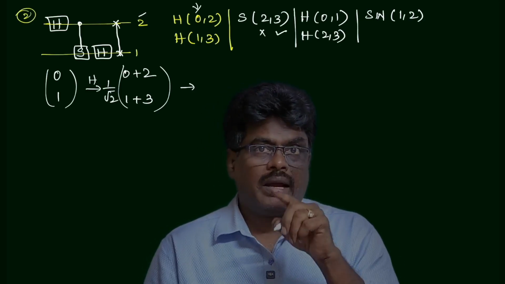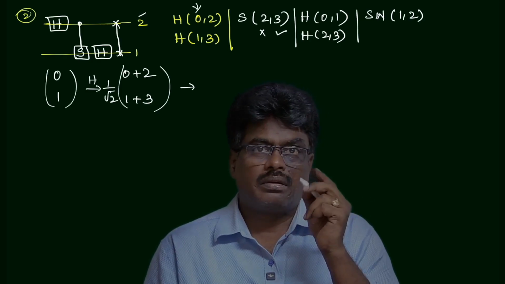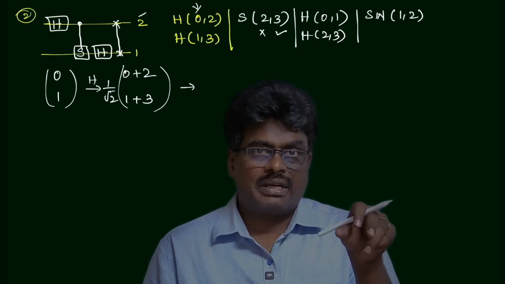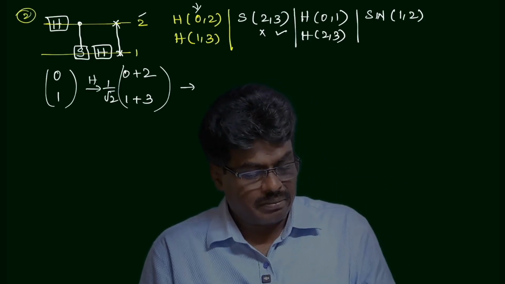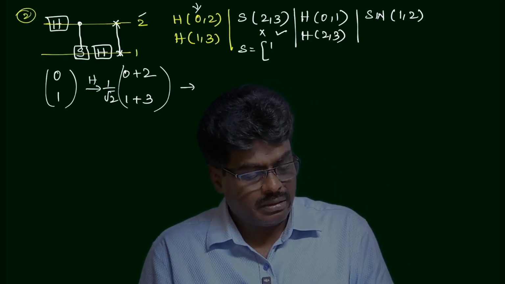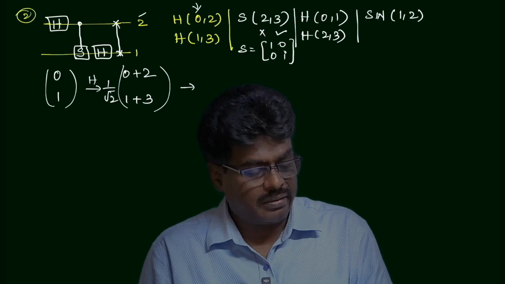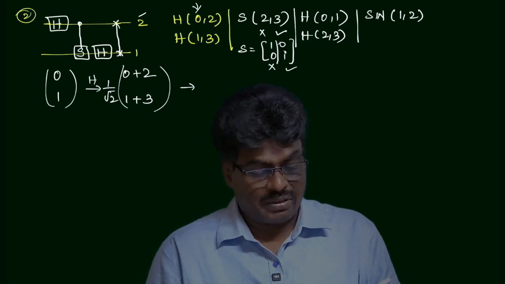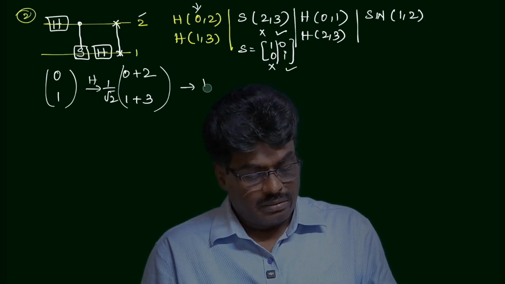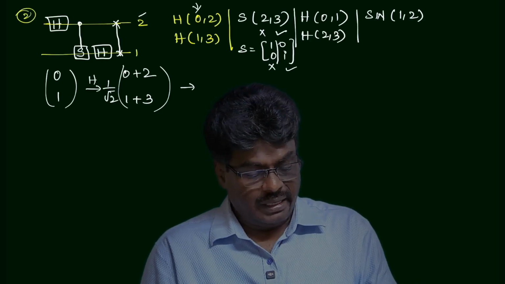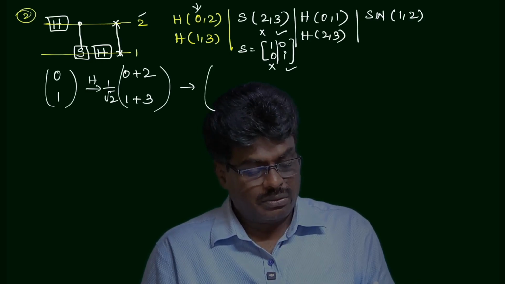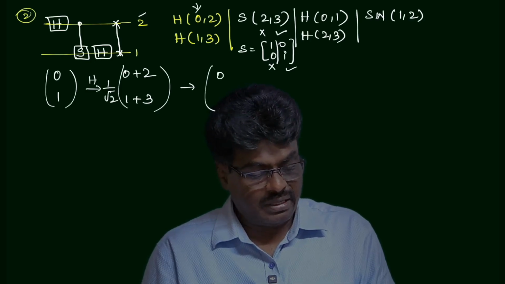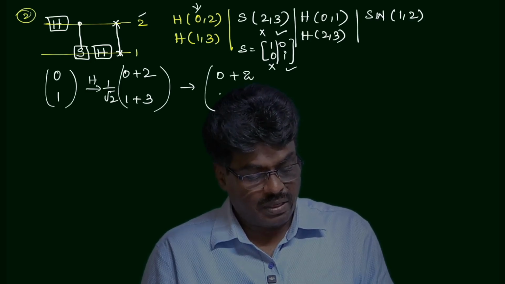S will add i as amplitude to the on state, and the off state remains the same because S is 1 0 0 i. The first column stands for off state and the second column is for on state. So I will write the normalization constant at the end. Now there is no 0 actually, 2 no change, 1 no change, and 3 becomes i3.